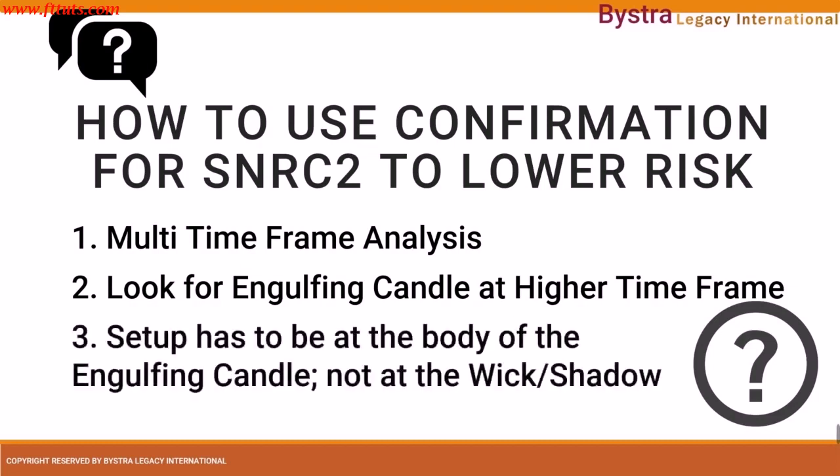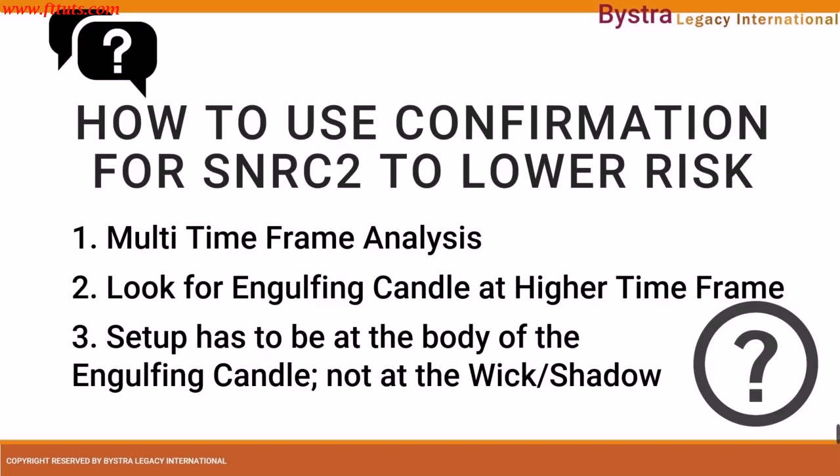Thirdly, the setup has to be at the body of the engulfing candle at the higher time frame, and please do not be at the wick or the shadow of the candle at the higher time frame. If the setup is at the wick or the shadow of the higher time frame, then it is considered very high risk. Therefore, do not take the trade.